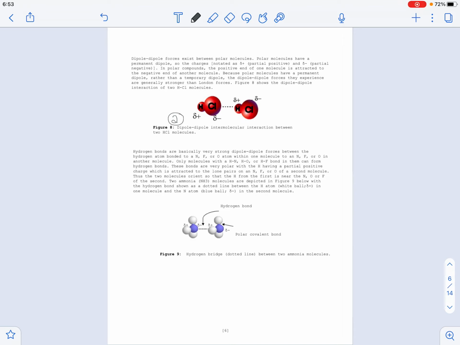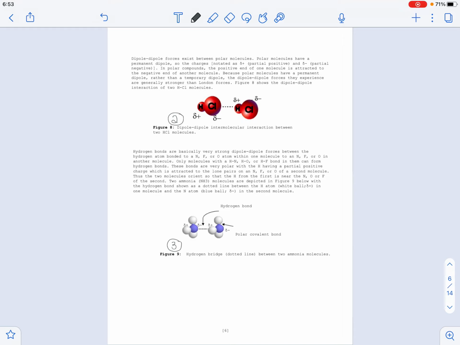Lastly, the third type of attractive force is going to be hydrogen bonding. Now, hydrogen bonding is a specific type of dipole-dipole attraction because there are specific determinations that make hydrogen bonding happen.